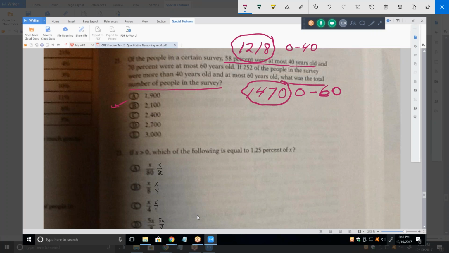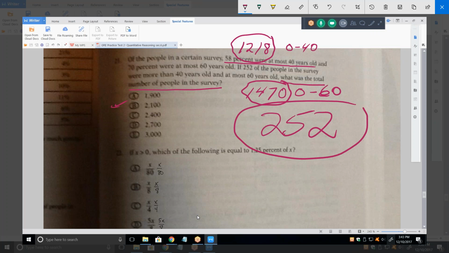So how many people are from 40 to 60? So we subtract. Correct. Oh, okay, I added. 1,470 minus 1,218 is 252. So our first guess was correct.